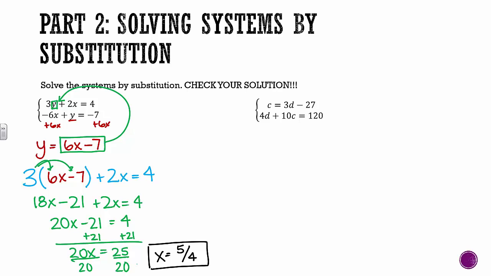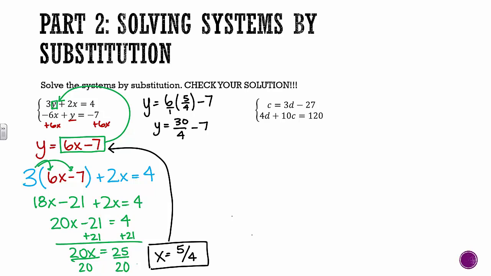And then remember, once you know x, plug it in to find y. And this was step number 3, where we're going to take this and plug it in to this equation here. So I have y equaling 6 times the x that I just found, which is 5/4, minus 7. So when we multiply these together, remember multiply the tops, so we get 30 over 4 minus 7.